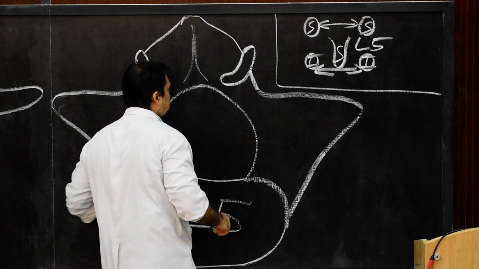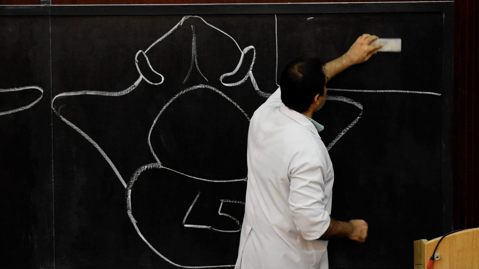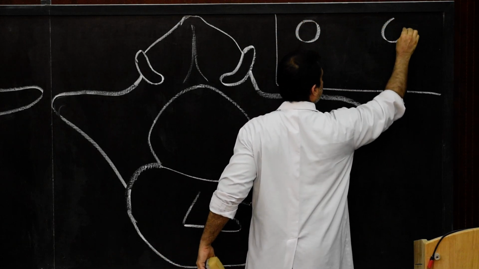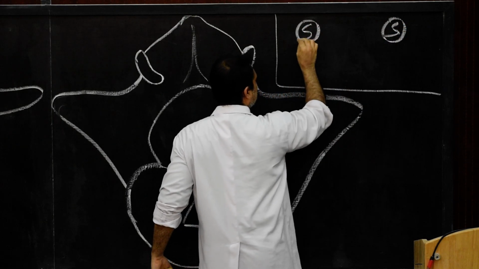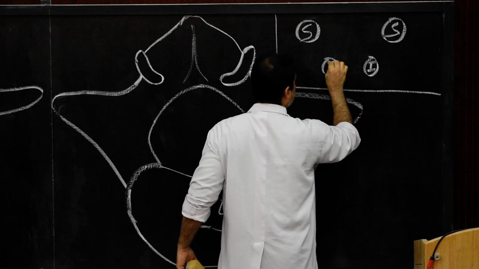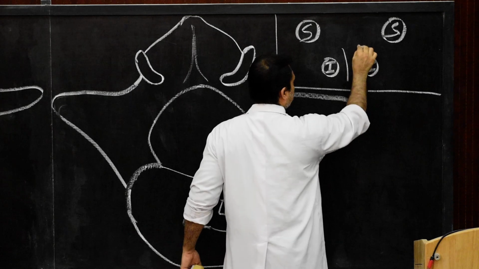Now we come to the typical lumbar vertebrae. For them, these are the two superior articular facets and these are the two inferior articular facets, with the spine.